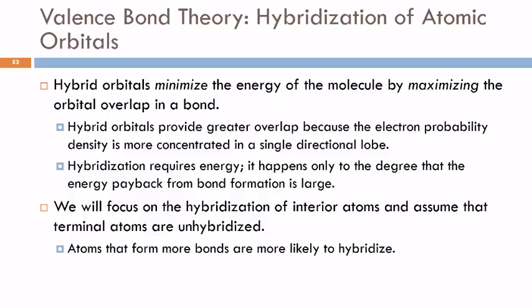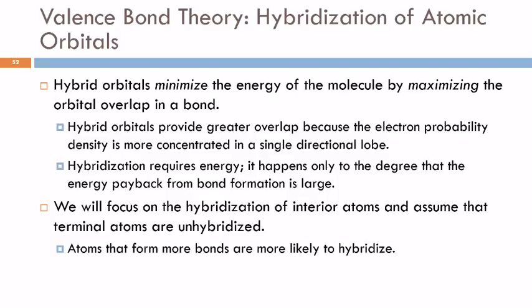The hybrid orbitals are going to minimize the energy of the molecule by maximizing the amount of overlap. So we're going to get more overlap, because more overlap is going to cause it to be more stable. One of the ways that this is accomplished is that the electron density, or the electron probability density, gets more concentrated on one side of the atom than the other.